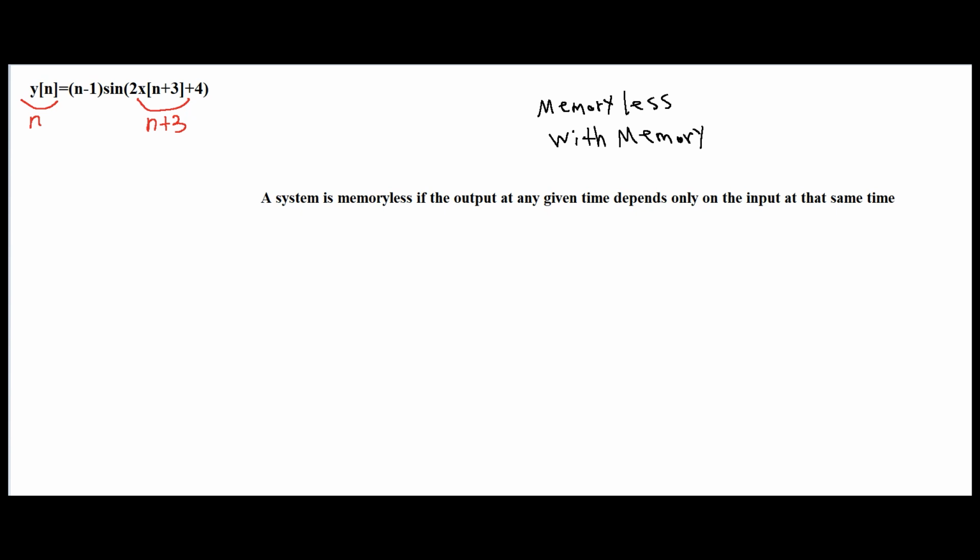For example, if the output is evaluated at n equals 1, the input is evaluated at time 4. Since the output doesn't depend only on the input at the same time instant, the system is not memoryless, therefore the system is with memory.